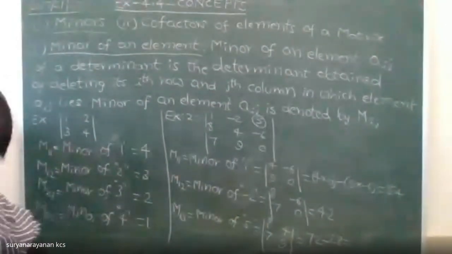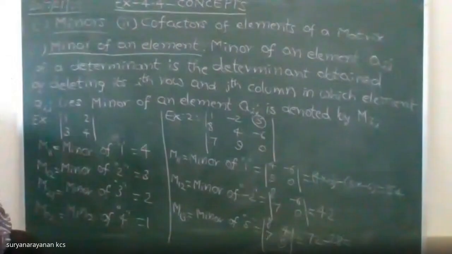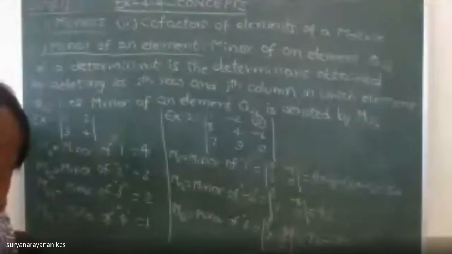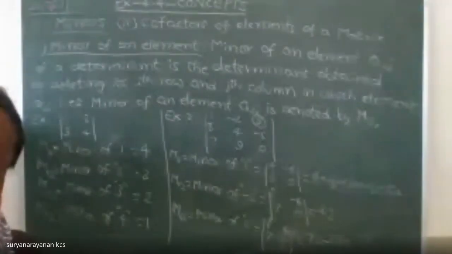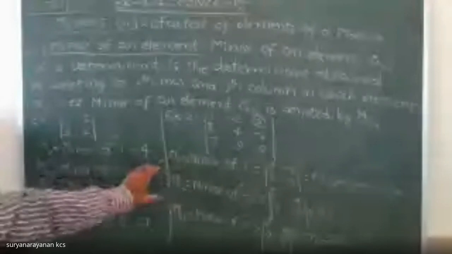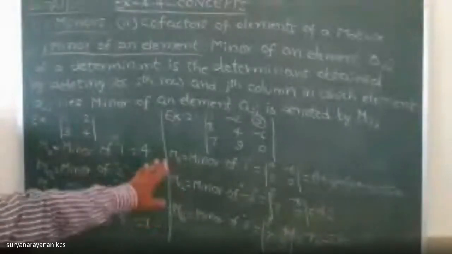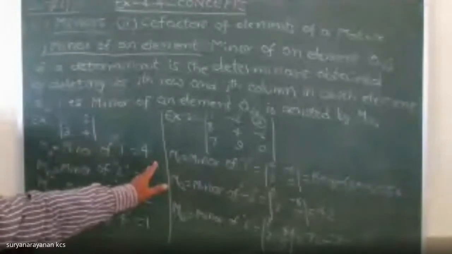You have already done this part, but here we are finding it separately: closing that particular row and closing that particular column.